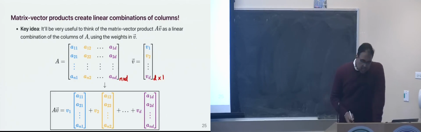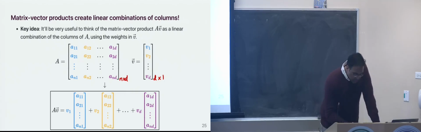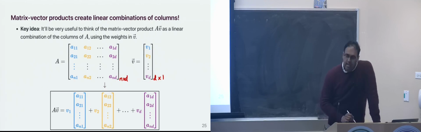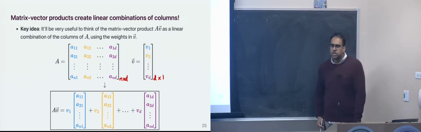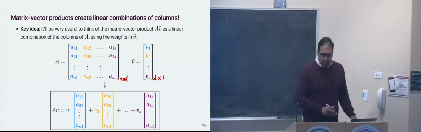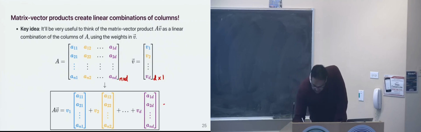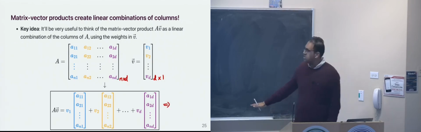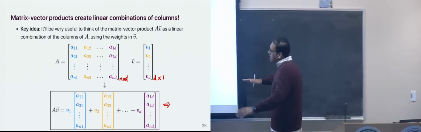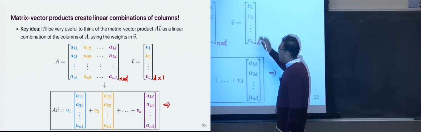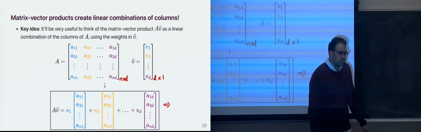You're producing a new vector that results from taking the first column in A and multiplying it by V1, plus the second column in A multiplied by V2, and so on and so forth, the dth column in A multiplied by the last element in V. This is just another way of writing the result you would get if you plugged in numbers for all of these A's and V's.